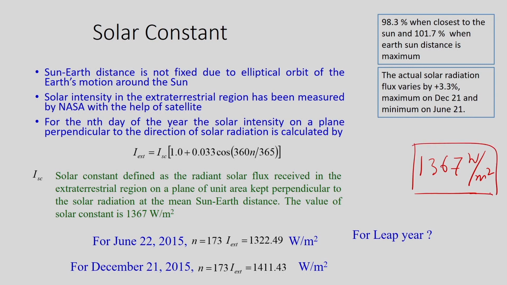And this value will vary. If you consider the month of June, this value will be about 1322 watt per meter square, and on December 21, it will be about 1411 watt per meter square. This is due to the variation in the distance between sun and earth at different times.